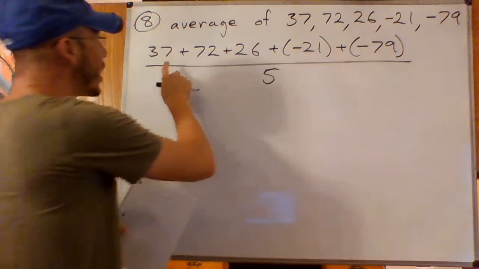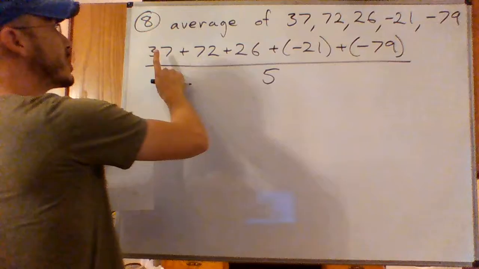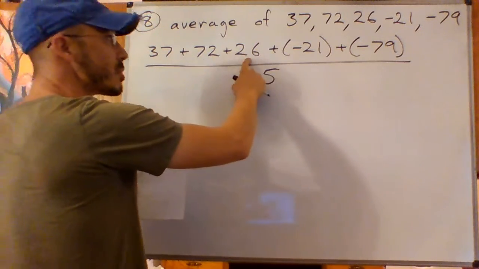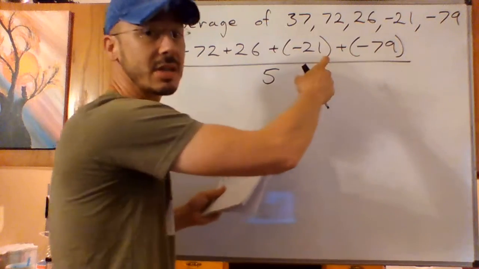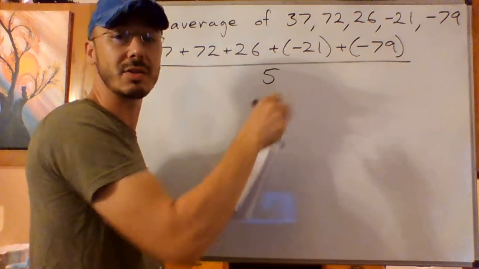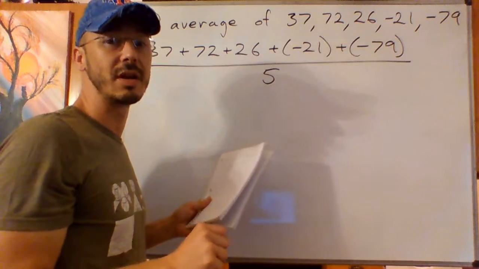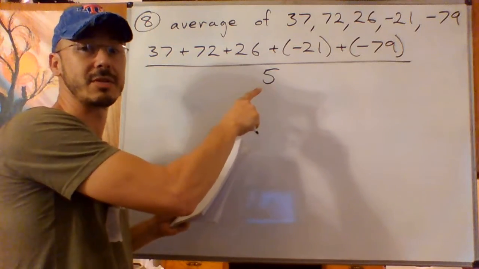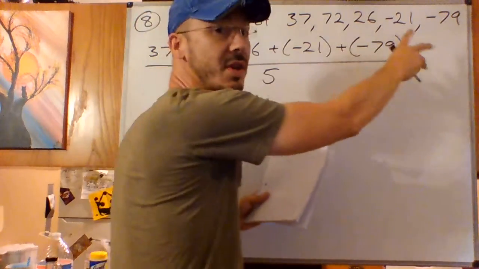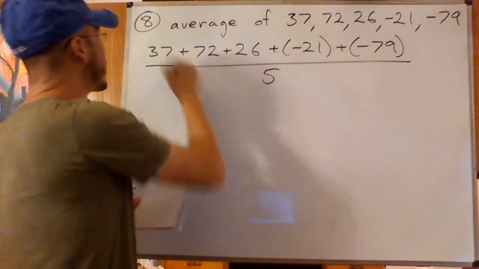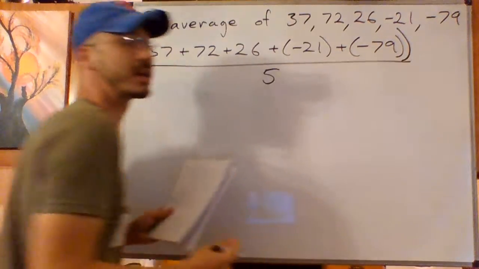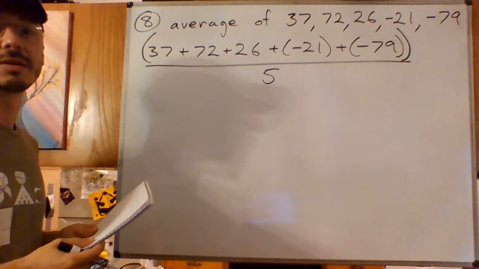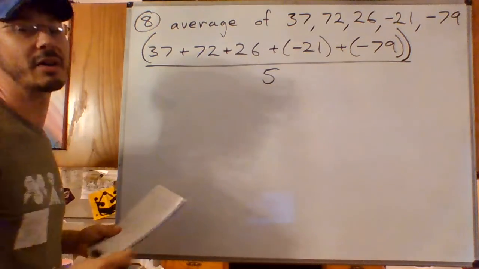So the average is what you get by adding the numbers together and dividing by how many there are. In this case, you can do this as 37 plus 72 plus 26 minus 21 minus 79, and that's easier to type in, but you need to hit enter on your calculator and then divide by 5 to divide this whole sum by this number. Another way you can do that is to use parentheses for the whole numerator and then divide by 5.